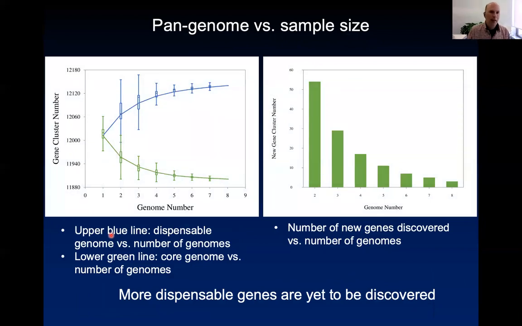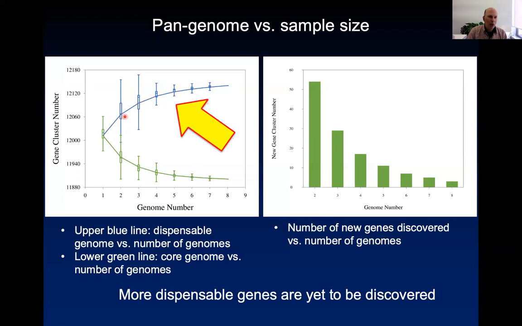Okay, so getting back to this issue of the pan-genome, this is a couple of graphs that represent another way to visualize the pan-genome as a function of the number of genomes that you're looking at. Okay, so we can look at the blue line, which are the dispensable genes, the genes that are not present in every isolate. And as we add more genomes to the analysis, we can see that we discover more dispensable genes.